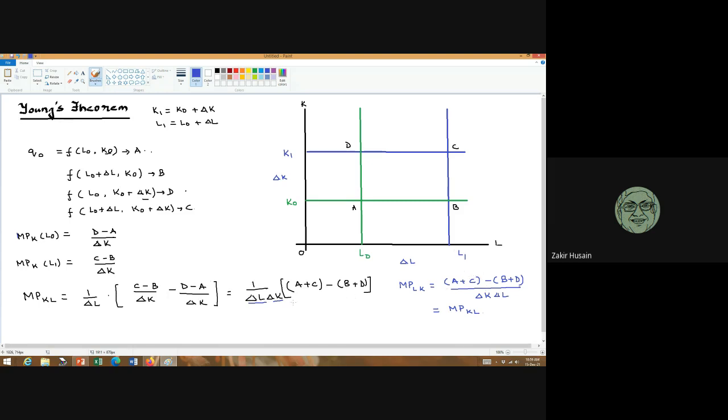Del K here and del K here are the same. That is the only thing that we require. So Young's theorem follows.